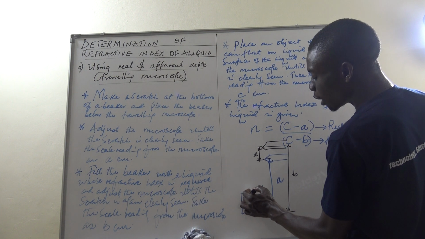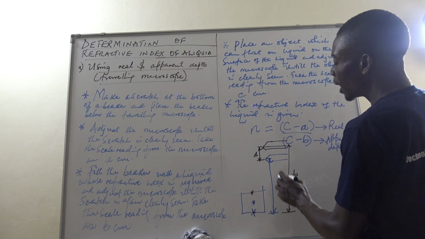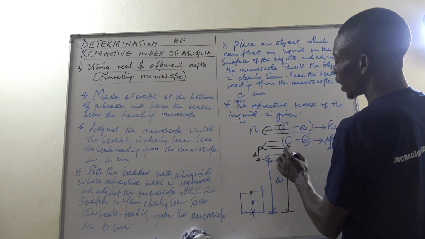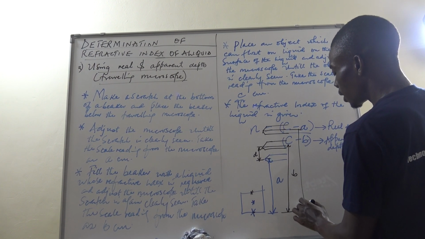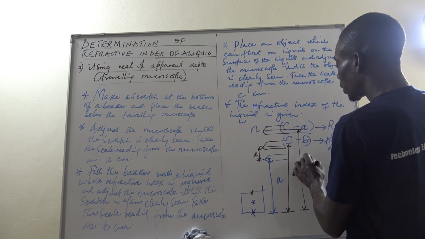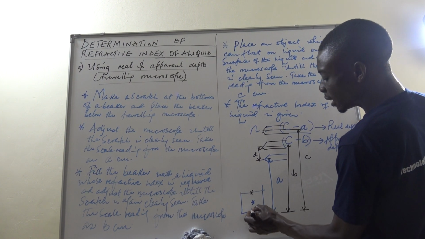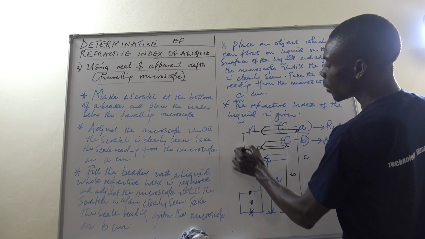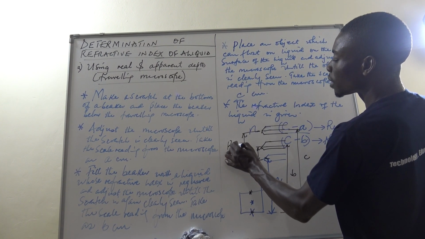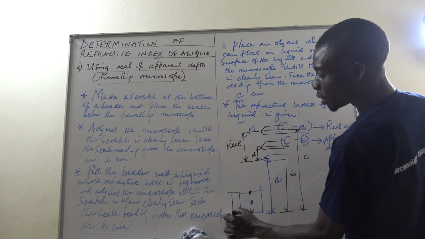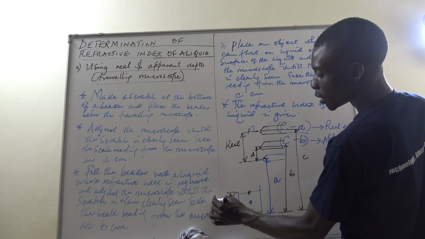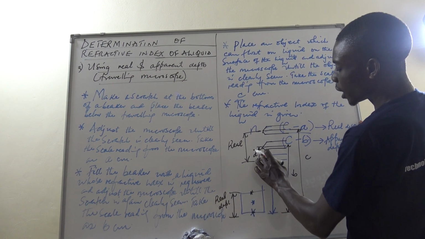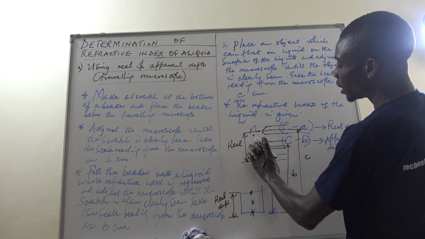And then if you put an object which is floating here, that means that you also move this to some other level here. So that now this distance is our C. And you realize that the distance from here up to here is the same as from here up to here, and this can be now our real depth. Because if it was here, and it is coming here, then this one will be raised here.